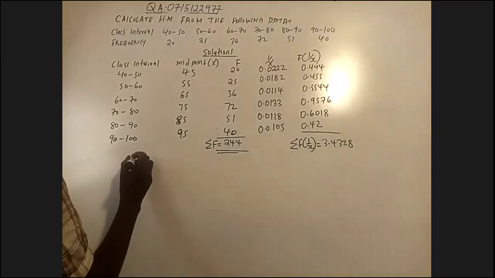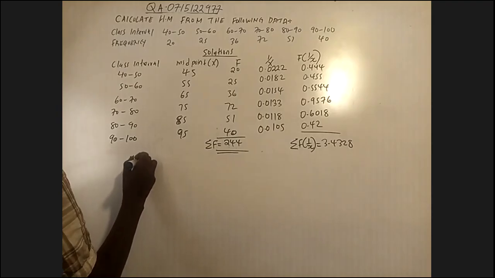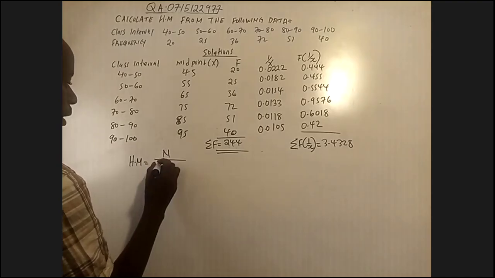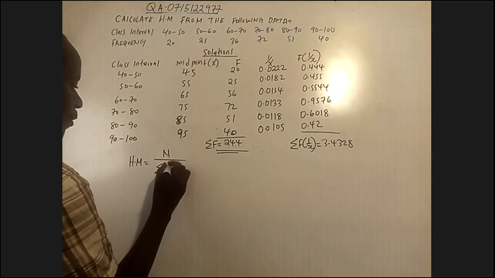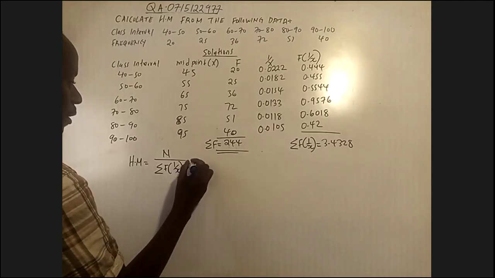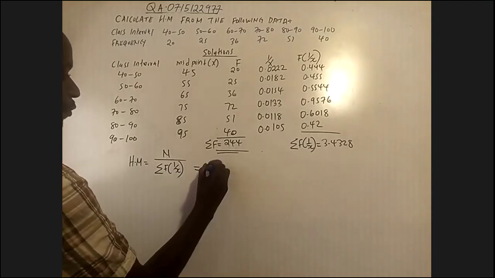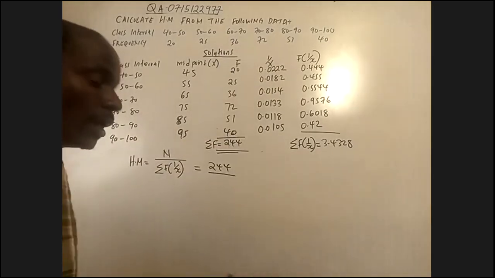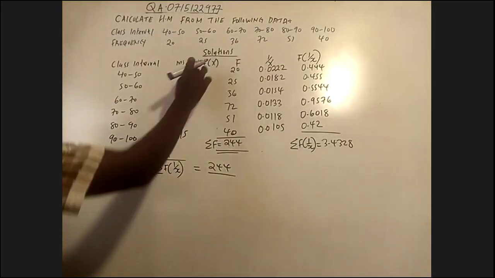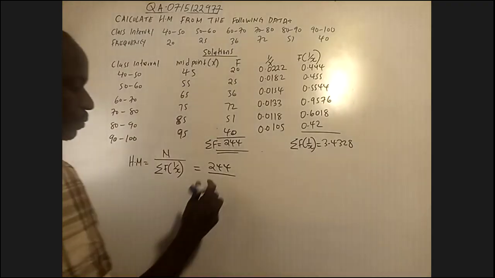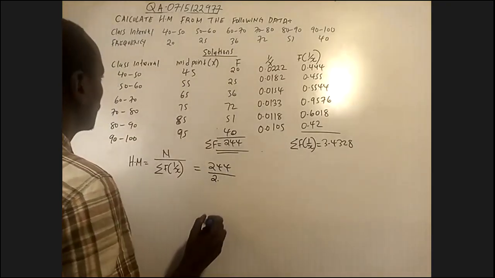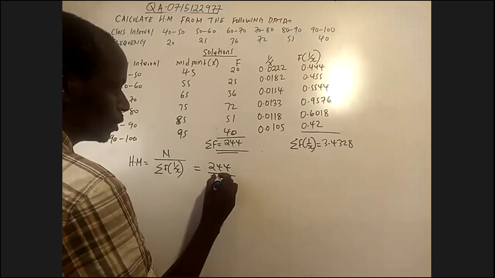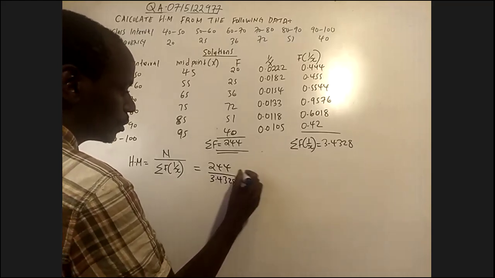Now our formula, harmonic mean, will be n over the summation of f times 1 over x. So what is our n? 244, our frequency. So when you have frequency you use frequency as n. If there is no frequency you count the number of items. But this one we have frequency, so you put it like that. Divided by 3.4328.